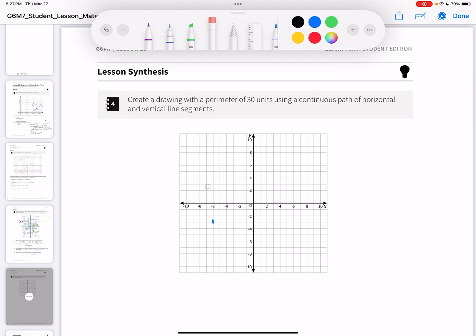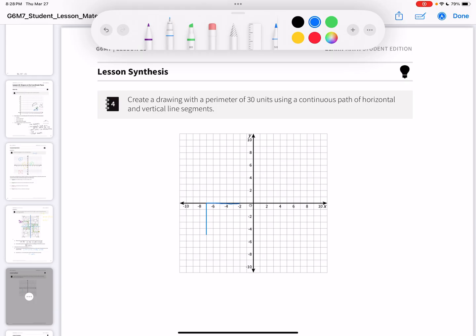Let's see. If I want a perimeter of 30, I would need, let's say 5 lines. No, 6. Let's do 6. If I want 6 lines, 30 divided by 6 means each line has to be 5, basically. So let's go 1, 2, 3, 4, 5. Right? Then 1, 2, 3, 4, 5.